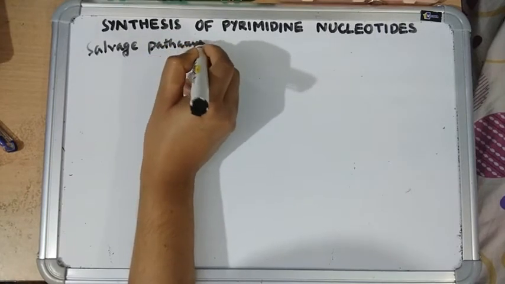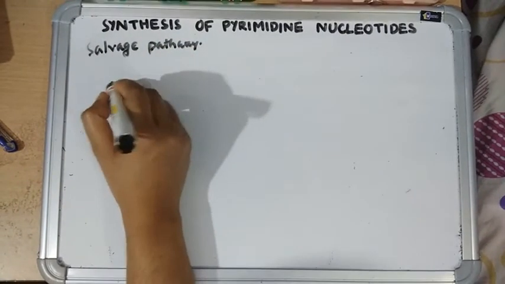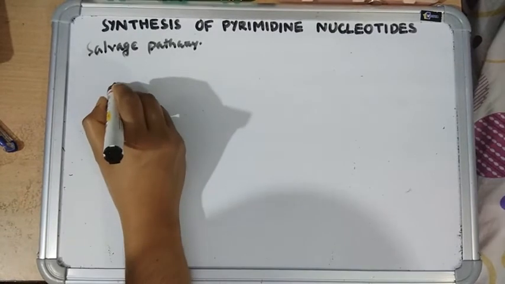Now salvage pathway. There are two ways by which pyrimidine nucleotides can be synthesized by the salvage pathway.